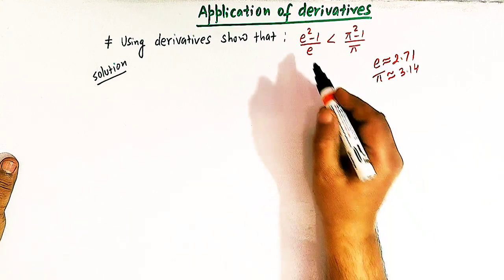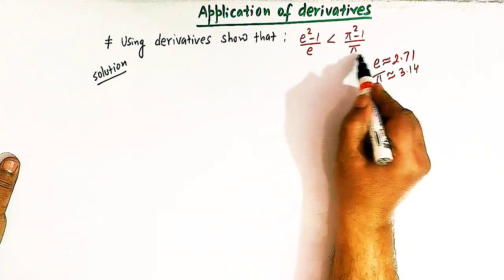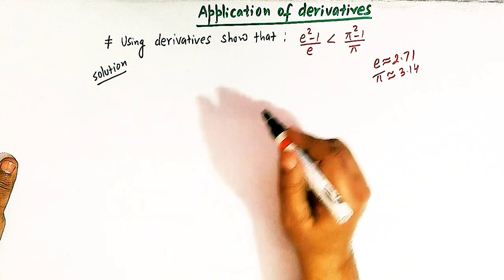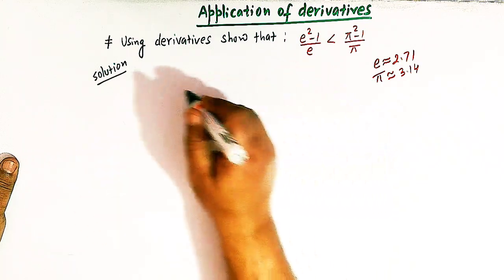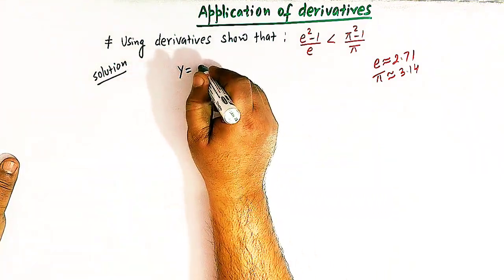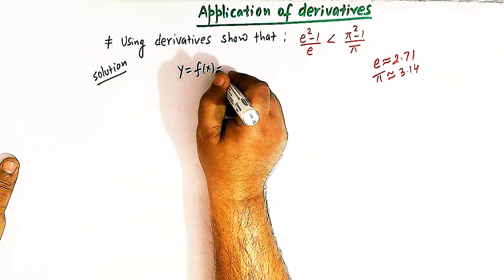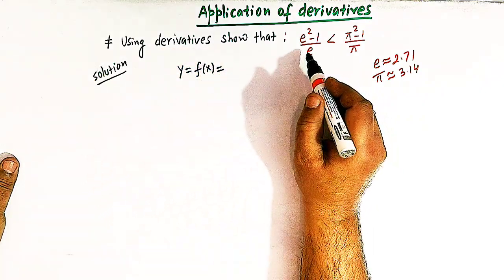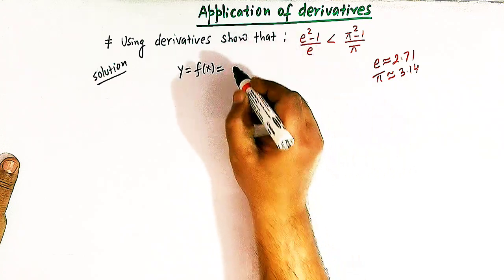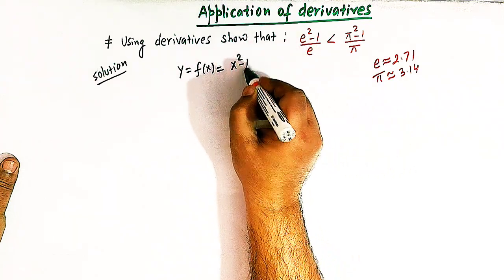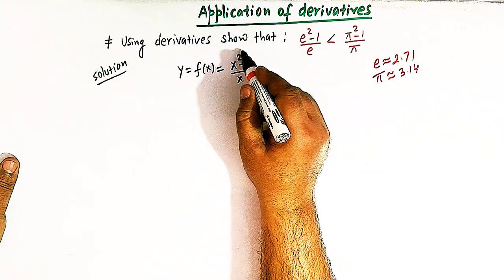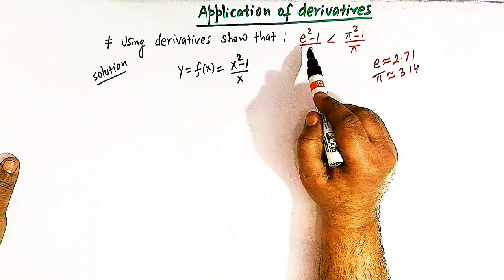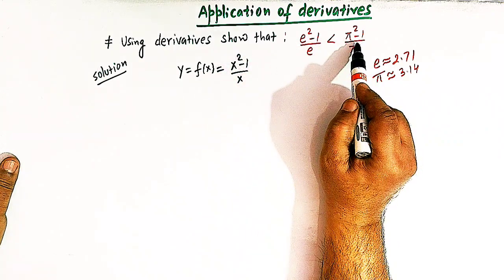Whenever we have to prove these kinds of statements, the first step is to frame an appropriate function, that is y equal to f of x. So here we'll take the function as x square minus 1 over x, because this function is compatible with these two expressions.